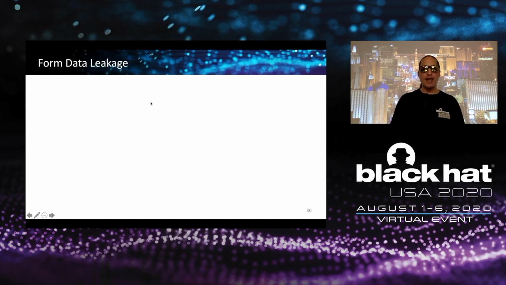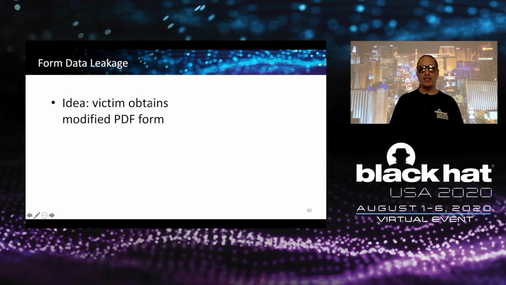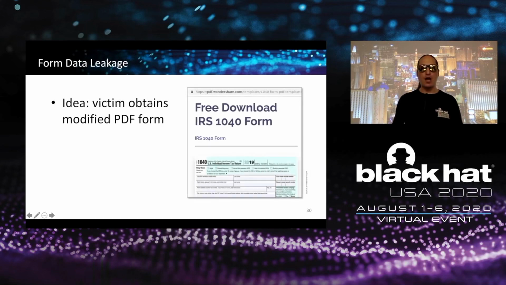So the idea of the attack is as follows. The victim downloads a form, so a PDF document which contains form fields, from an attacker-controlled source and fills it out on screen, for example, in order to print it. Note that there are legitimate cases where a form is obtained from a third party, while the user input should not be revealed to this party. For example, tax forms can be downloaded from all over the web.